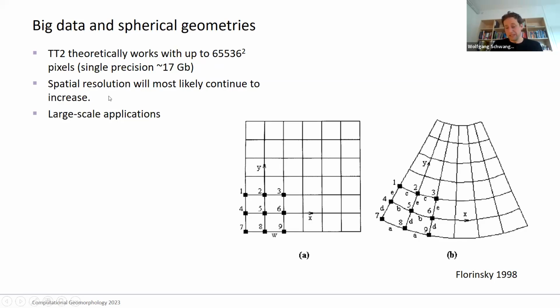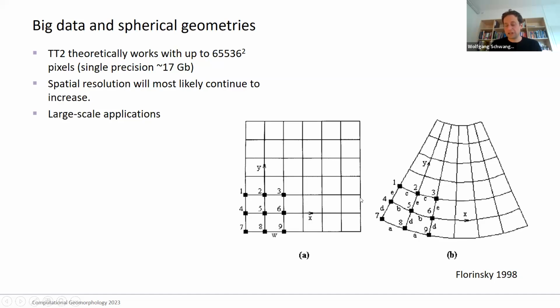Spatial resolution will increase, and there are good ways to handle that. For example, looking at the work of Richard Barnes, these are things that we could implement, and we are trying to do. Another development could be that TopoToolbox works with spherical geometries.